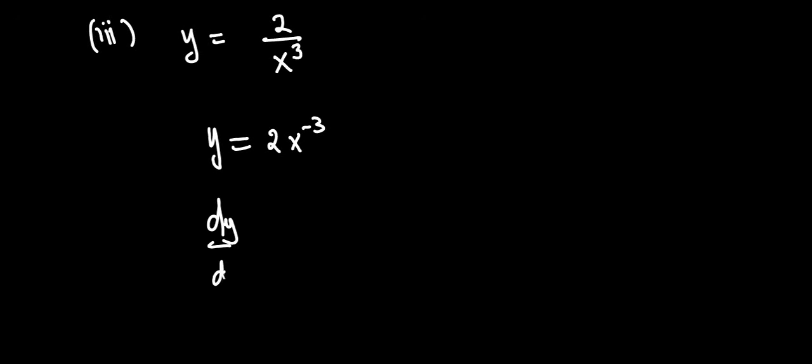Number 3, we're having y is equal to 2 over x to the power 3. This can be solved using quotient rule, but we don't have to go through all that. We can just write it like this. Then use power rule. This becomes negative 6x to the power negative 4. Then we're saying this is the same as negative 6 over x to the power 4.